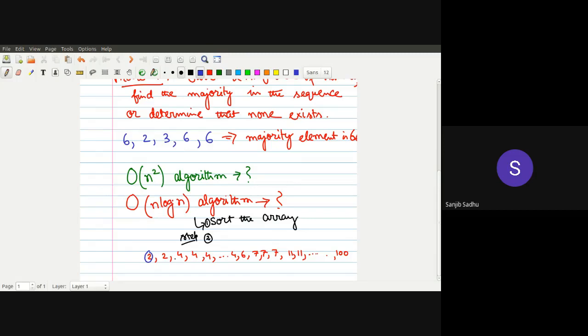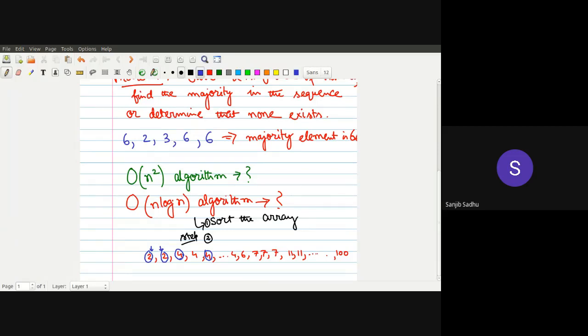You can slightly change the binary search technique to find the location of the first element 2, and also its last position in the array, because the array is sorted. Then you subtract the indexes to find out how many 2s are there. Similarly, you find the first 4 and the last 4, subtract, and you will get how many 4s are there.